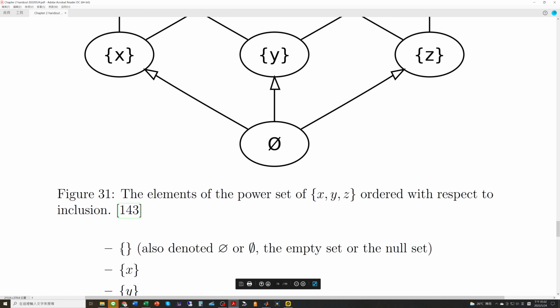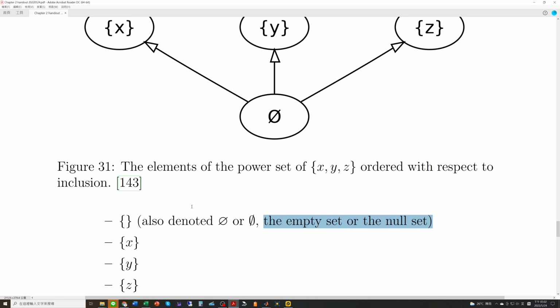First it is a pair of brackets. It is also denoted by this symbol or this symbol, the empty set or the null set.